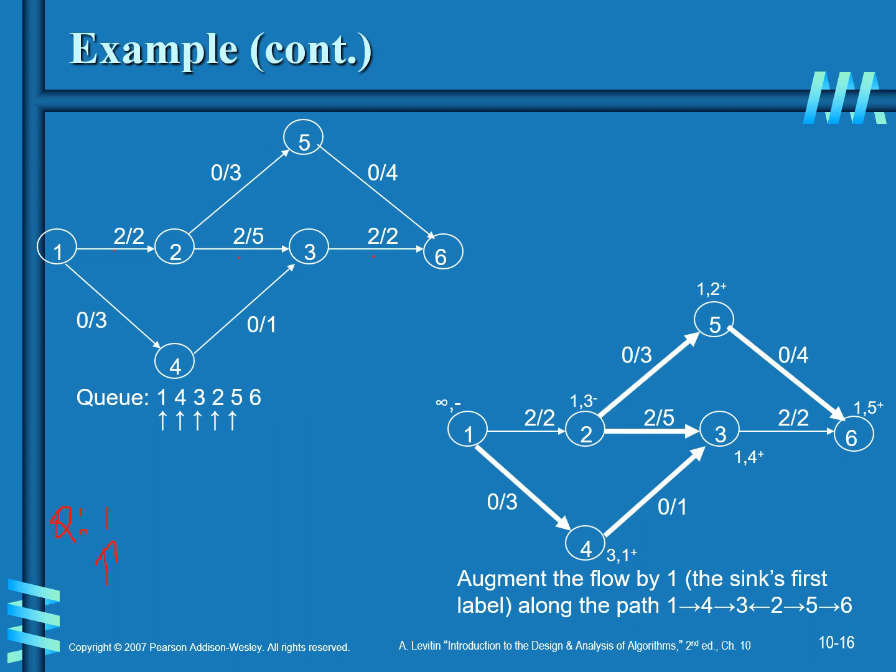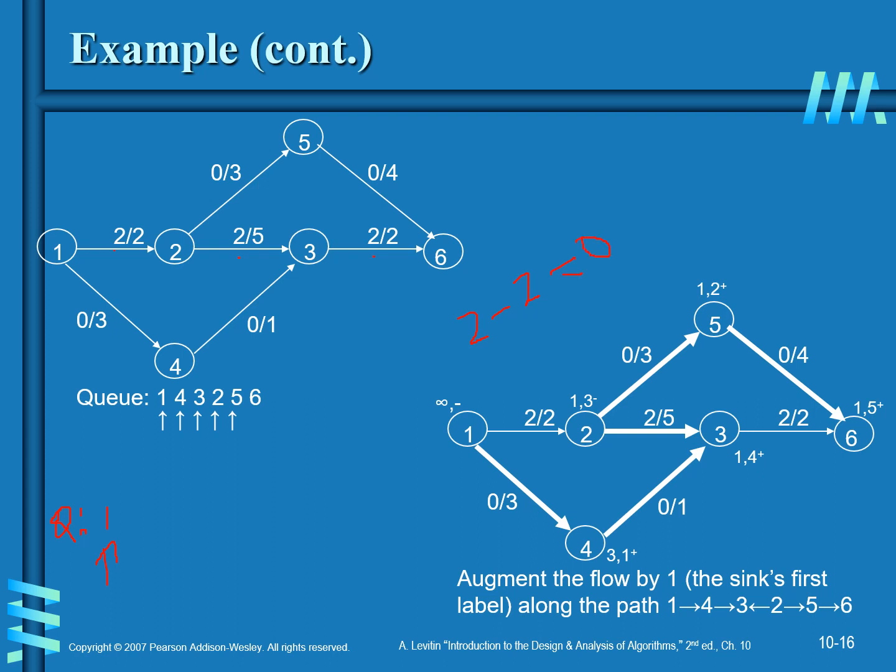Again, there are two forward edges, 1 to 2 and 1 to 4. Listen carefully. When you try to label 2, since it is a forward edge, you have to find only the residual, isn't it? How to find the residual? Capacity minus current flow. So that is 2 minus 2 is 0.